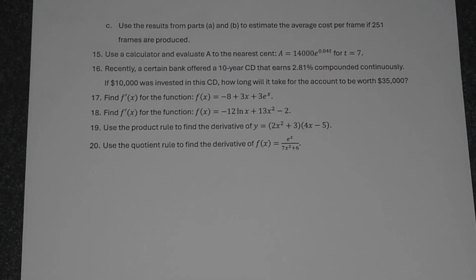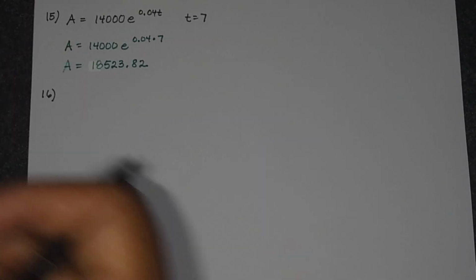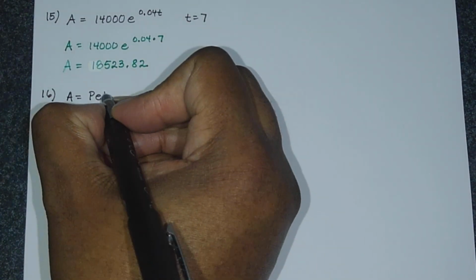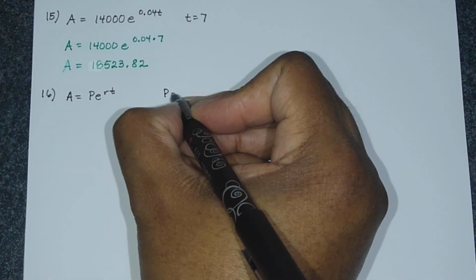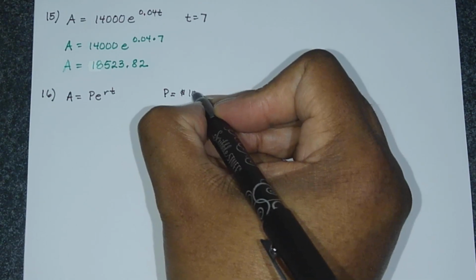If $10,000 was invested in this CD, how long will it take for the account to be worth $35,000? And this is compounded continuously, so we know we have to use A is equal to P times e to the rt. And you're told what P is. $10,000 was invested. That's your P.